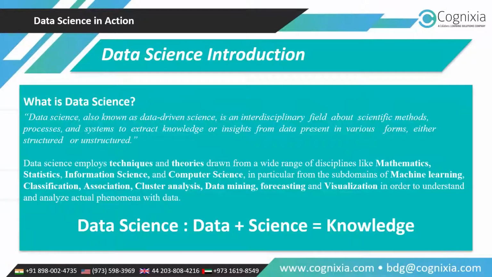Firstly, we have data, and that data can be present in any format. Your data can be structured data. Structured data is when your information is present in row and column format, like an Excel sheet or relational database tables.